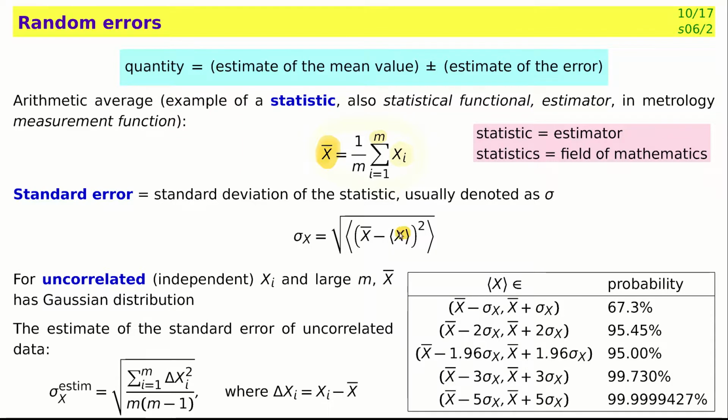This is the true average value, the true mean value, or the so-called expectation value. But we don't know it. What we know is only this arithmetic average, in this case obtained using m individual measurements. And we calculate the average value of this.